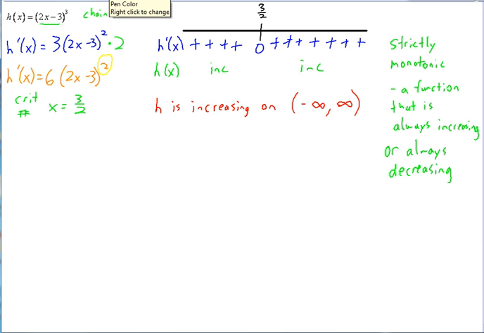And in terms of relative mins or maxes, 3 halves was only a possibility, that's only the number, but since the first derivative doesn't change sign, h has no relative extrema. Extrema refers to both mins and maxes.